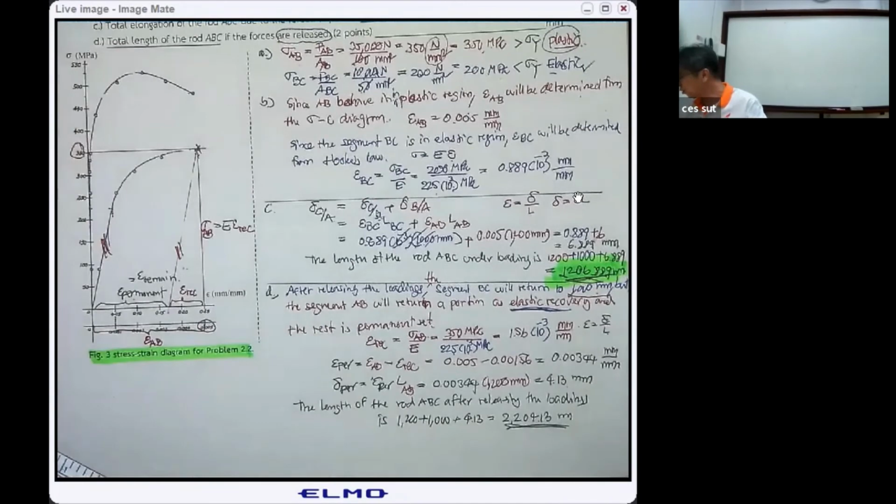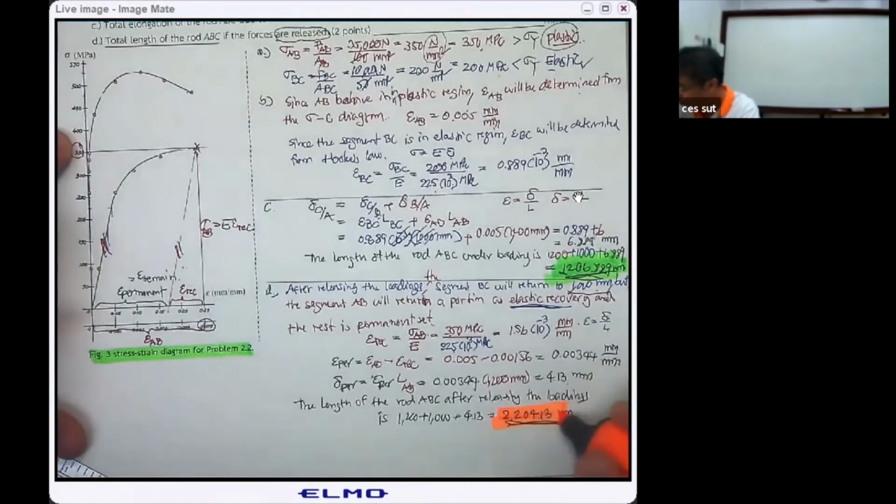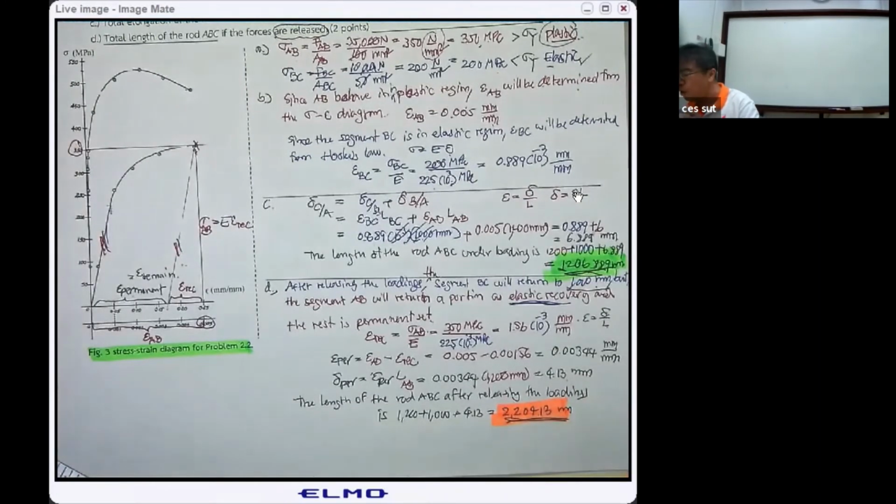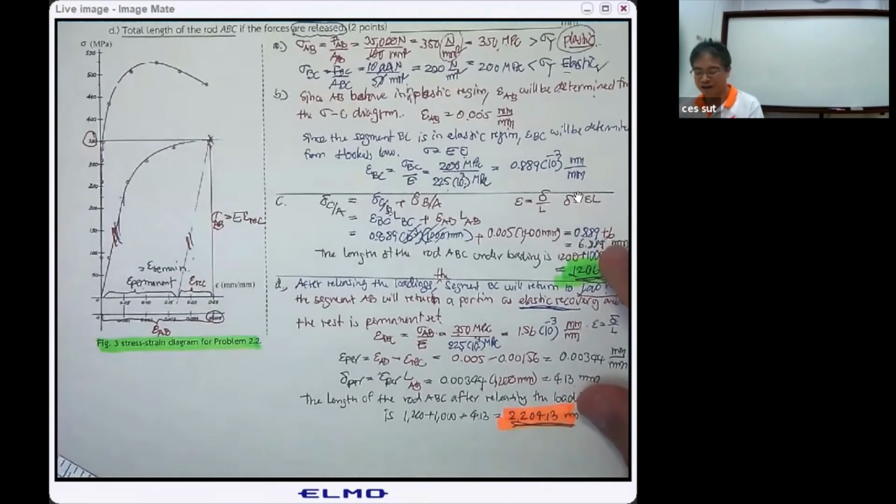And then when we release the force, the length is going to be 2,204.13 millimeter. Okay, that is what I have for your examination.